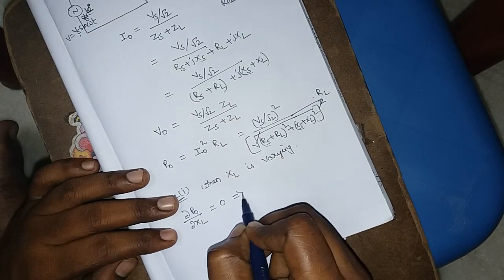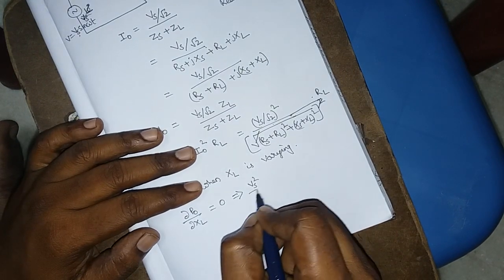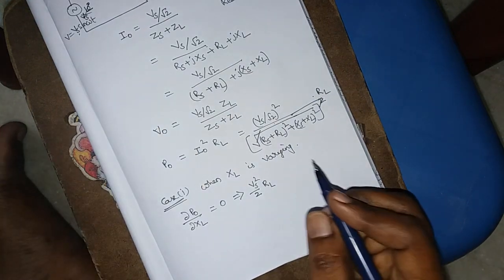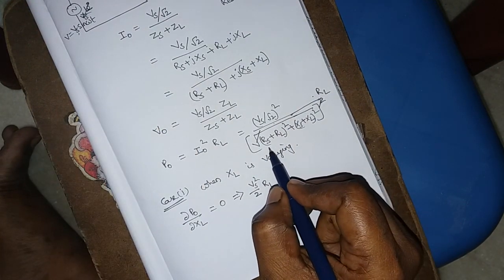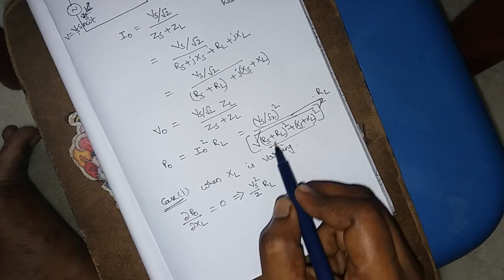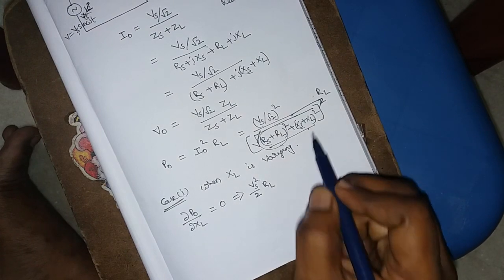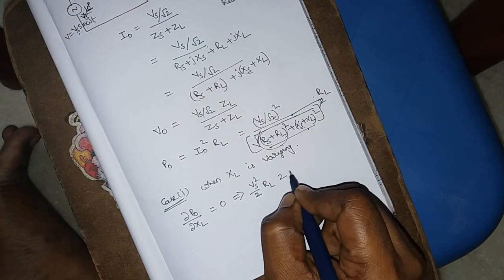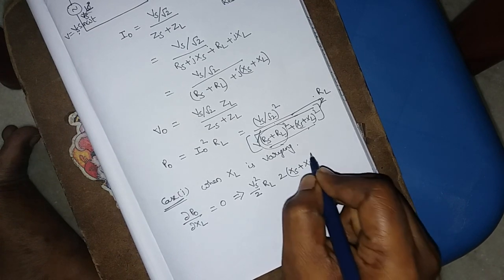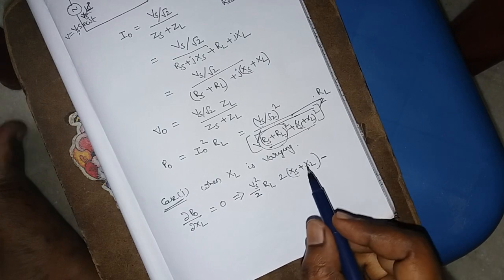So U dV, that is Vs squared by 2 into RL, dV. The differentiation of this term is 0, and the differentiation of this will be 2 into (Xs plus XL), minus V dU.